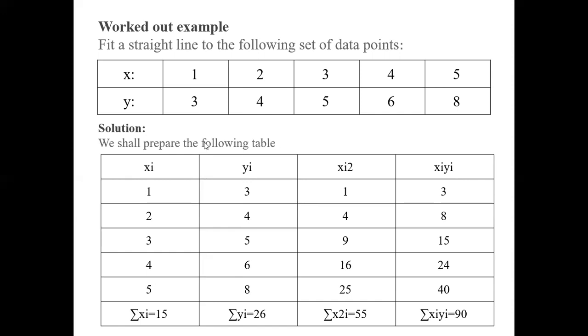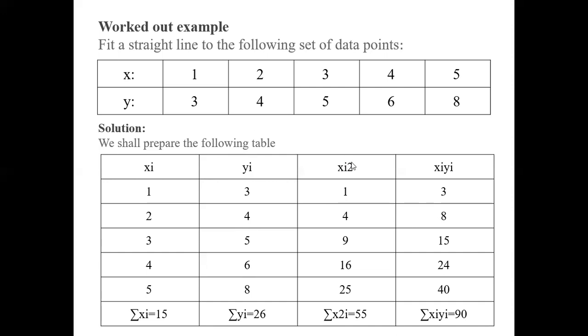Write these values of x and y in a table format. The x values 1, 2, 3, 4, 5 sum to 15. For y, 3 plus 4 is 7, plus 5 is 12, plus 6 is 18, plus 8 is 26, so the summation of yi is 26.